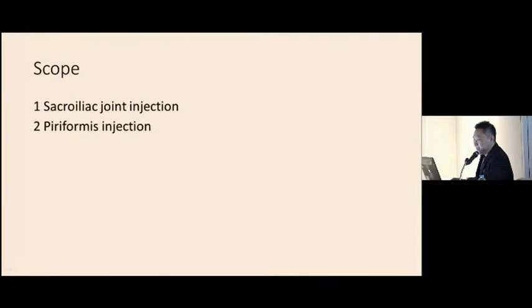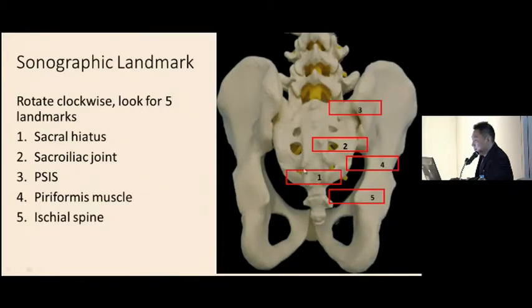There are going to be a lot of structures in this area, but I'm just going to focus on the two most common injections that I do in my clinic. The first one is the sacroiliac joint, and the second one is the piriformis injection. I'm going to bring you on a tour of the sonographic landmarks in this area, in a clockwise rotation, and each landmark will give you some clue and probably some benefit to do the block also.